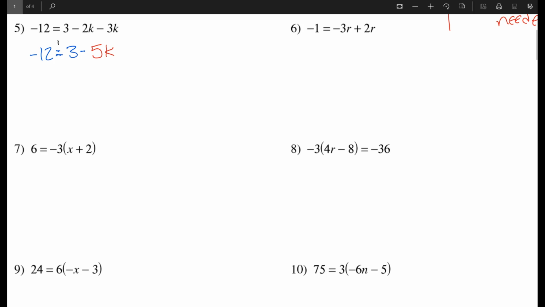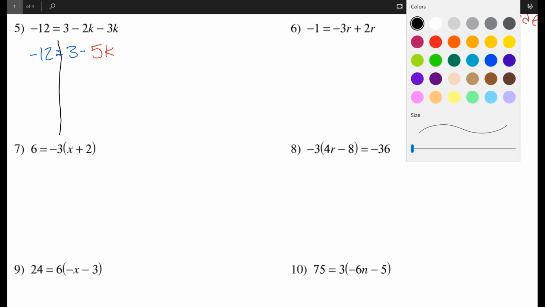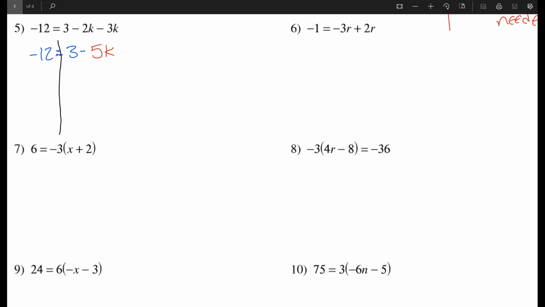If this is helpful, we are now going to draw the line through the equal sign so that we know what is where. We're going to proceed from there. Negative 12 remains where it is. We have 3 minus 5k. Step 3 is move all of my constants to one side. Well, what constants do I have? I have this. I have this. My goal is to get the k by itself, so I'm going to move the 3 away from the 12.